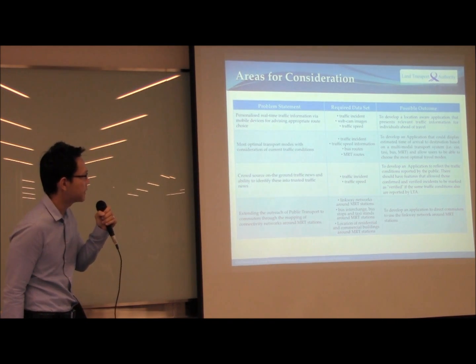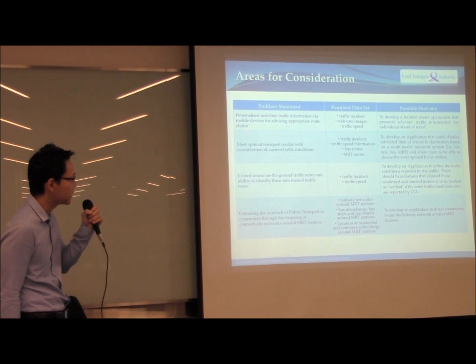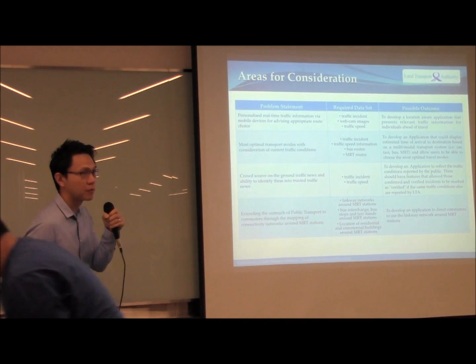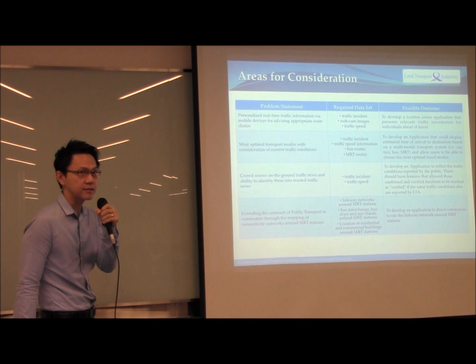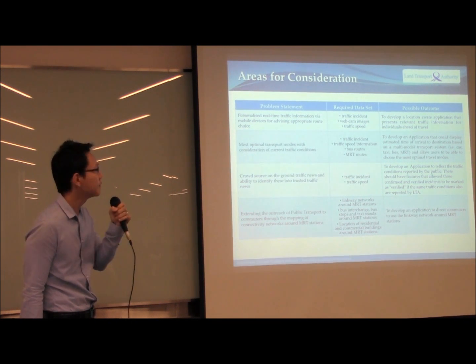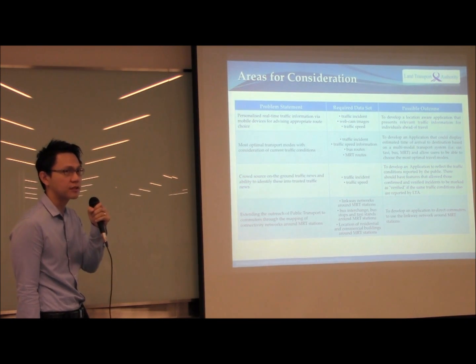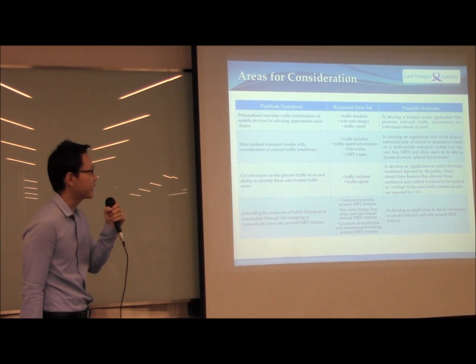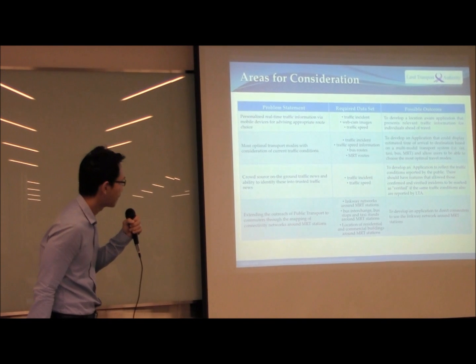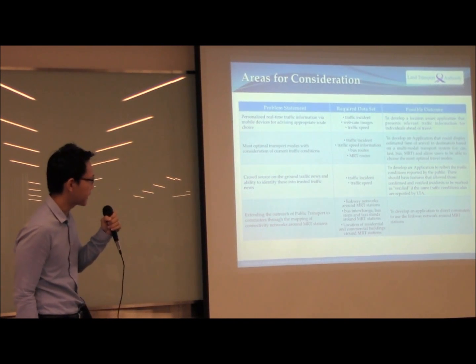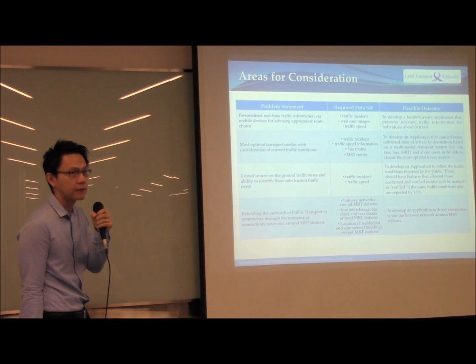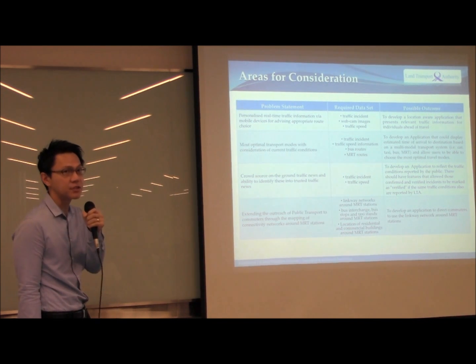The second is to develop an application to advise the user on the most optimal transport mode, taking into consideration the current traffic condition. The third is to crowdsource traffic news on the ground. And the last is to provide an application that showcases the connectivity link network around MRT stations.